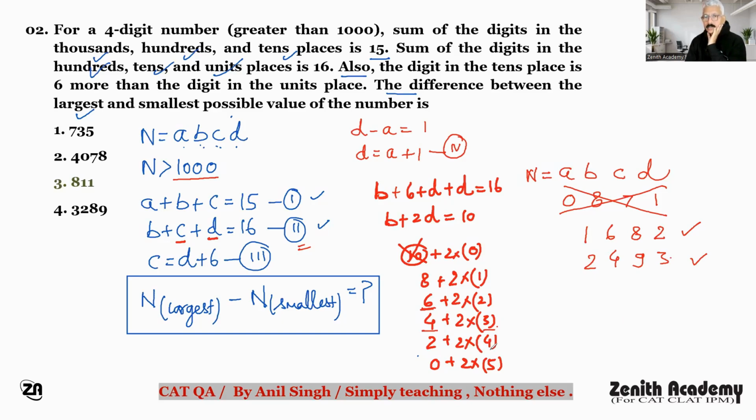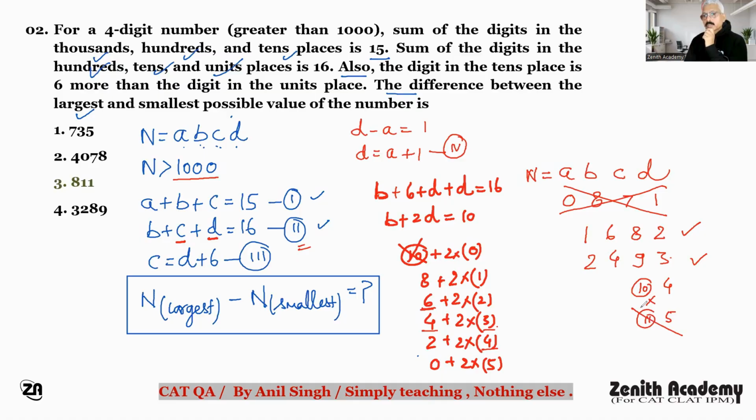If I take D is equal to 4, then C must be D plus 6, 4 plus 6, 10. Now, it is not possible because the value of C must be a single digit, as N is a 4-digit number A, B, C, D. So further, if I take 5, this is 5 plus 6, which is also going to be 11.